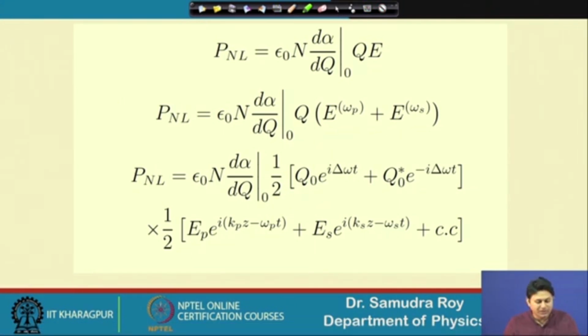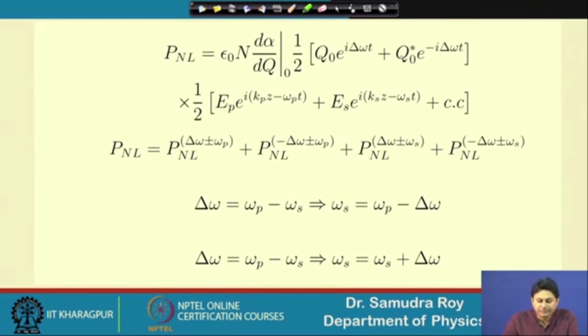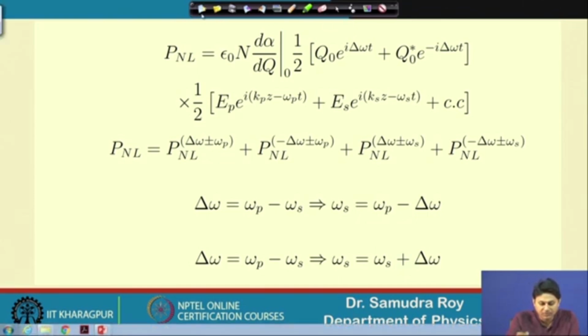Well, we know that P nonlinear is now having different frequencies. So, if I now start writing all these frequency components, we will have these amount of frequencies as we mentioned. So, again go back to the equation of P nonlinear, because P nonlinear we are going to calculate, or we are already in the process of calculation. When we use the value of P nonlinear, it is epsilon 0 n del alpha del q, half of q 0 this quantity, and EP this and this.